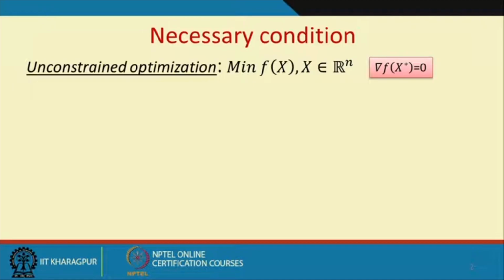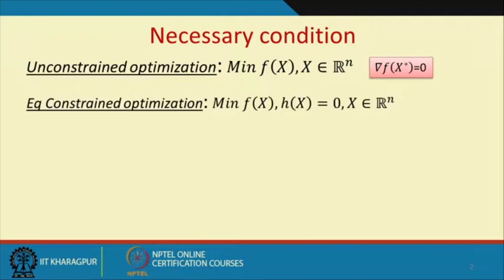Now, we know that if we consider an unconstrained optimization problem, minimization of f(x), the necessary condition for this would be that the gradient of f(x) at the optimal point must be equal to 0. But if we consider the equality constraint optimization problem, we need to find out the Lagrangian function.